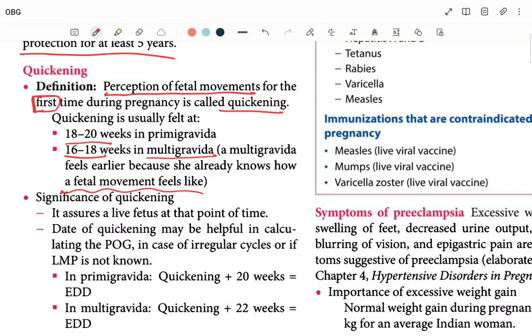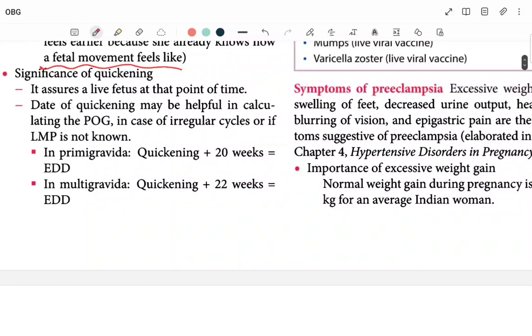It's just common sense. So the significance of quickening: it assures a live fetus at that point of time. The date of quickening may be helpful in calculating the period of gestation in case of irregular cycles or if the last menstrual period is not known.